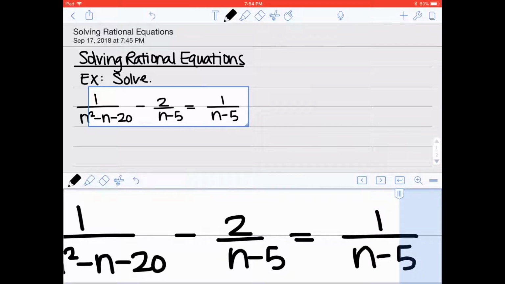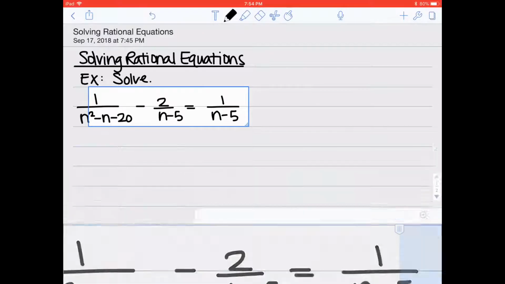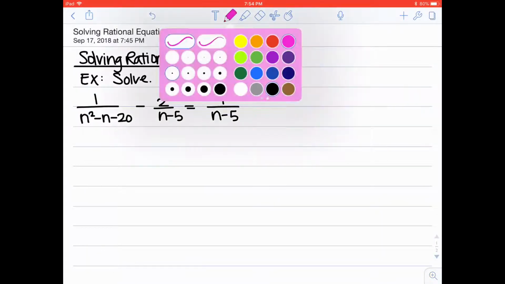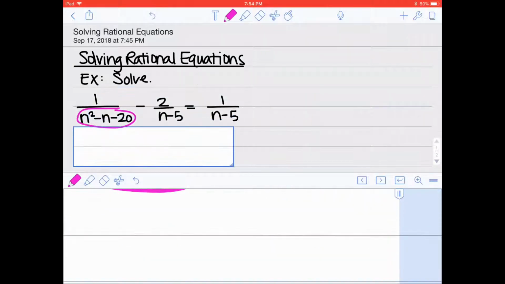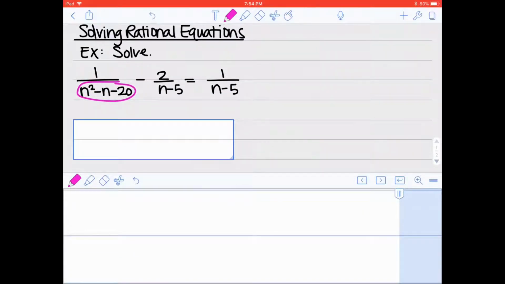Right now we're having an issue with that first denominator because it is not in factored form, and we need to know what the factors are just in case one of the factors matches the n minus 5 in the other expressions.